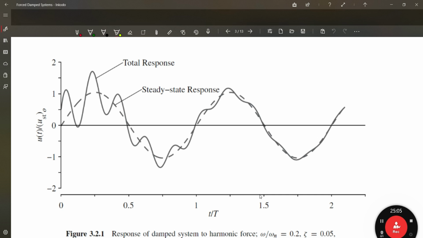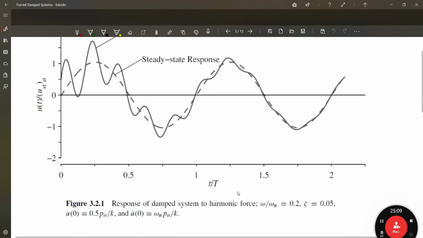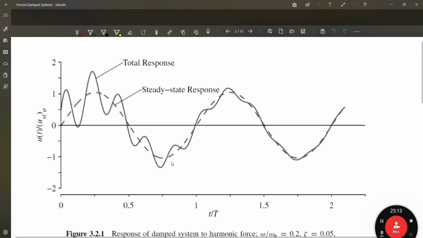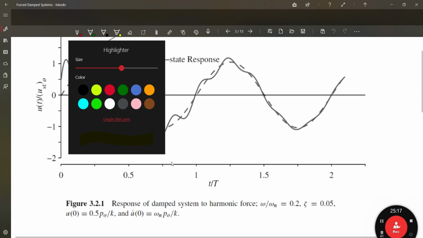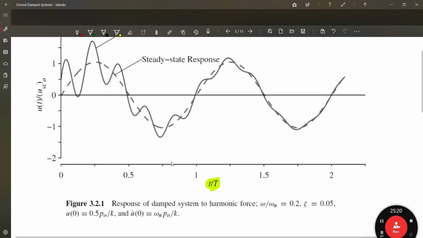Okay, now as you can see here, we have the relation between the horizontal axis, let me highlight it here, which is t over T. You understand, of course, that lowercase t is the elapsed time, and capital T means the natural period.